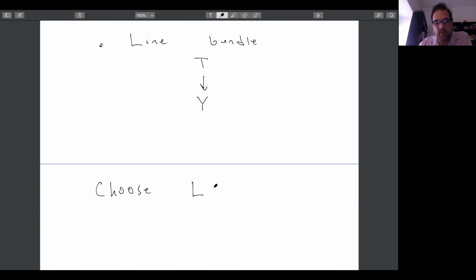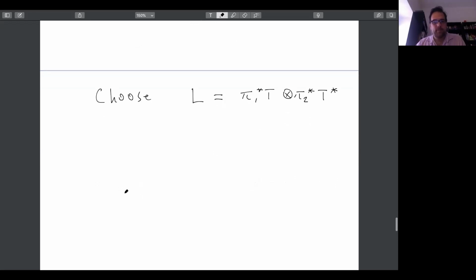Choose L equal to pi1 pullback of T tensor pi2 pullback of T dual, and construct mu from the canonical pairing.